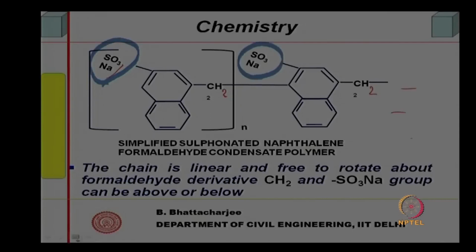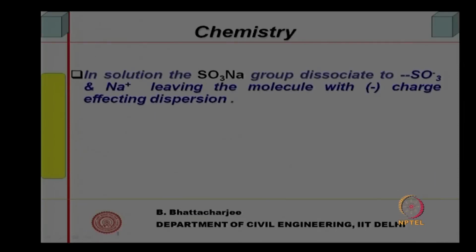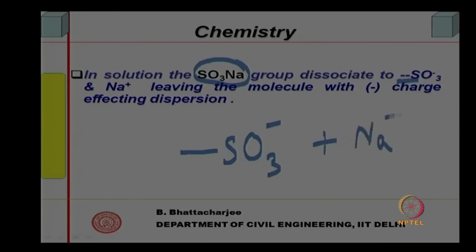Anyway, the main important issue is that on dissolution, if you put it in water, this component will dissociate into SO3 with negative charge plus sodium with positive charge, like the lignosulfonate, and this will affect dispersion in the same manner.